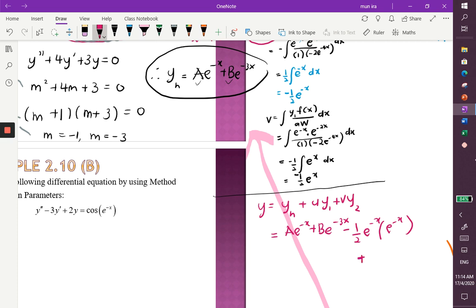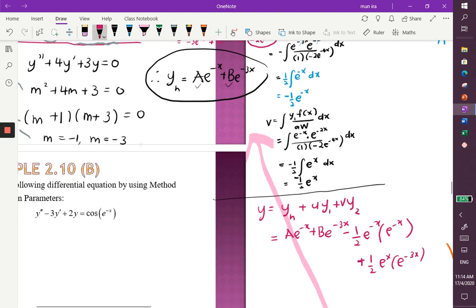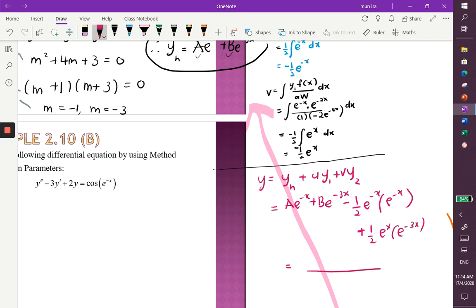So plus v is half e^x. Your y2 just now is e negative 3x. So you just simplify and then you get the solution. Easy, right? So that is the variation of parameters method.